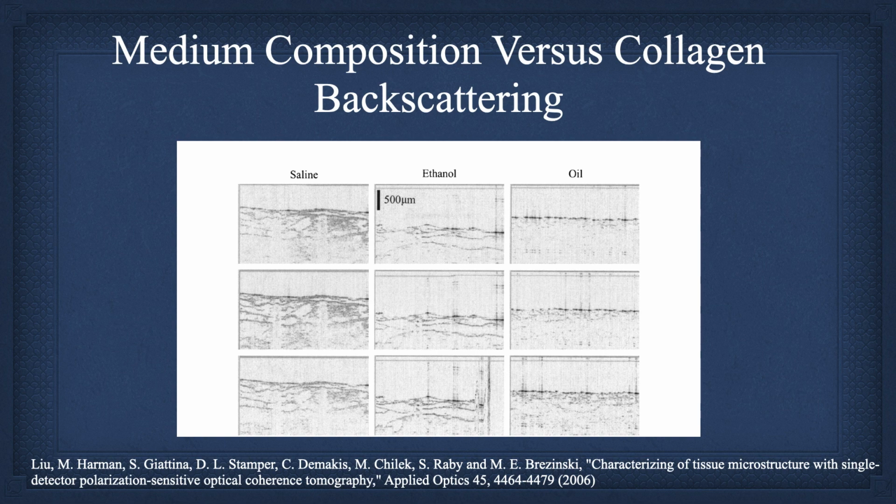But here's a paper from 2006 where we looked at collagen type 1 sponges, but in different media. So you can see in saline, you see the layers, and in lipid, the same sponges, the layers become invisible. So you can have the same amount of collagen type 1, but if the medium is different, then the layers are different. So that doesn't necessarily test your hypothesis.